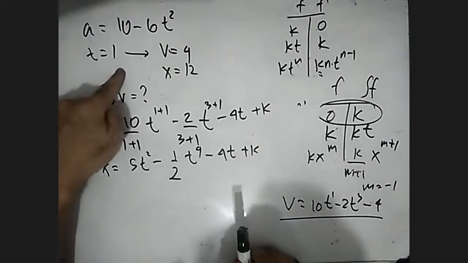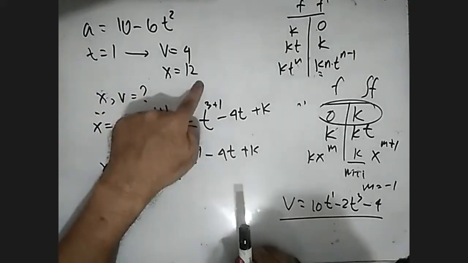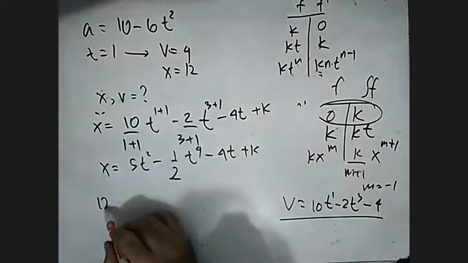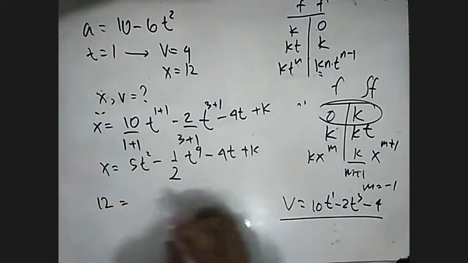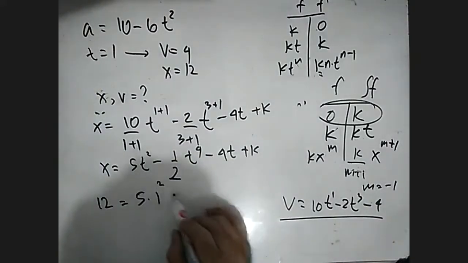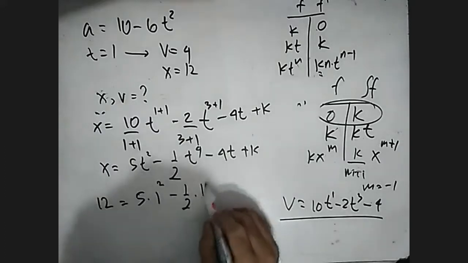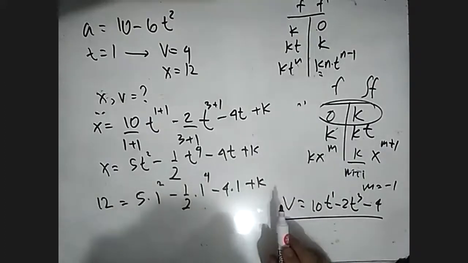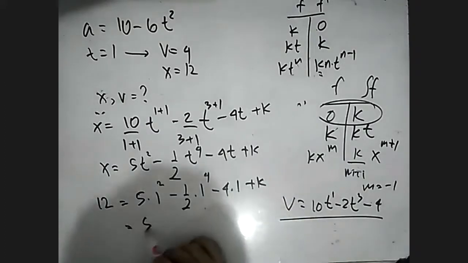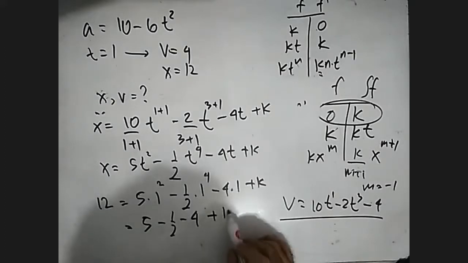When t equals 1, x is 12. So x is 12, I'm going to change this with this and put any t here with 1. So 5 times 1 squared minus half times 1 power 4 minus 4 times 1 plus k. That's going to be 5 minus half minus 4 plus k. That's 12.